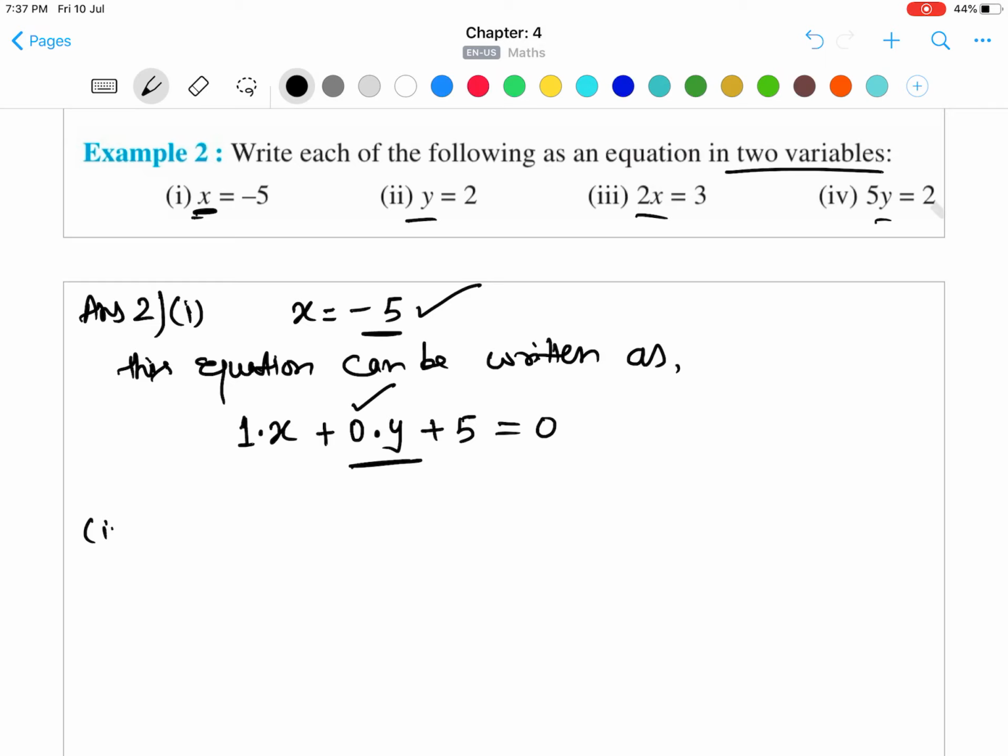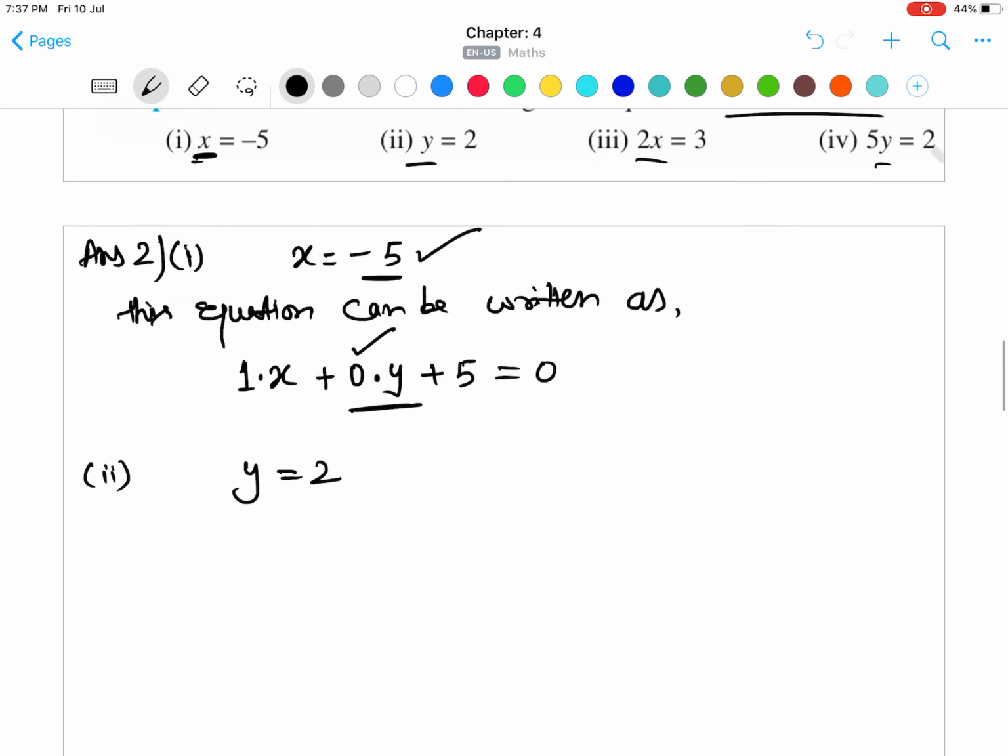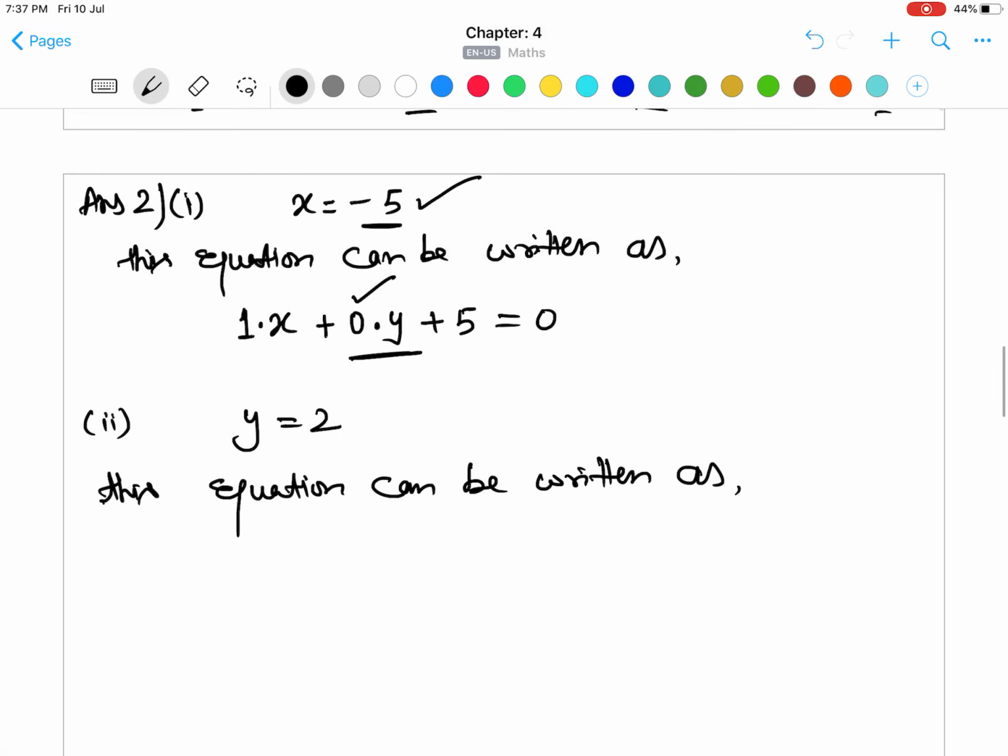Next one we have y equals to 2. Again we'll write this equation as, we can write this as, again we have only one variable y here, so we'll assume the second variable x with the coefficient 0, because when you multiply these two, you again get 0, and that term will be eliminated.